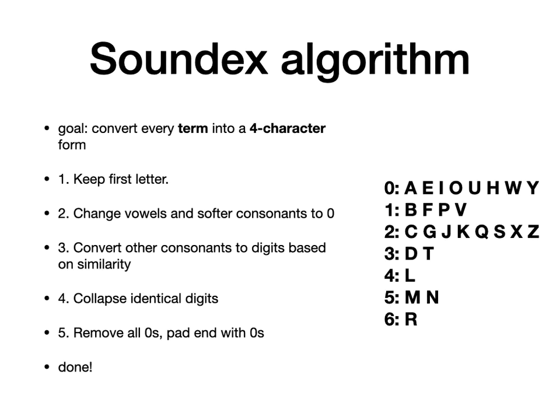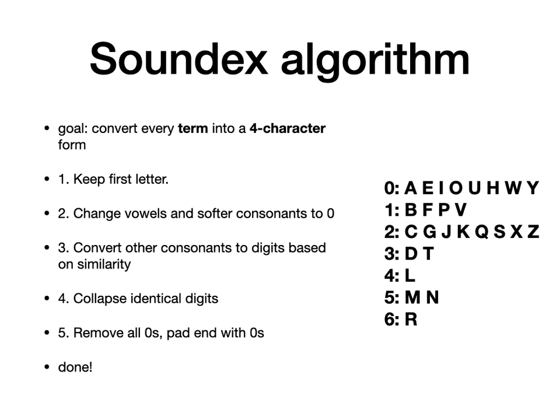So what's the basic algorithm? We can convert every term into a 4-character reduced form. Okay, that's a weird thought. Let's look at it. You will always keep the first letter, because as we've said before, it makes sense to have letters that are similar, right?